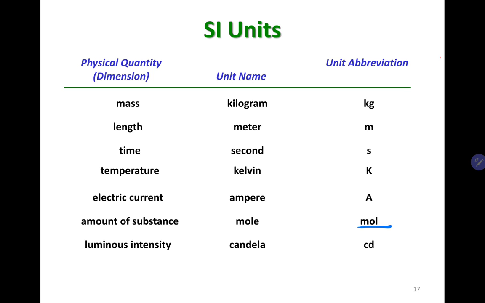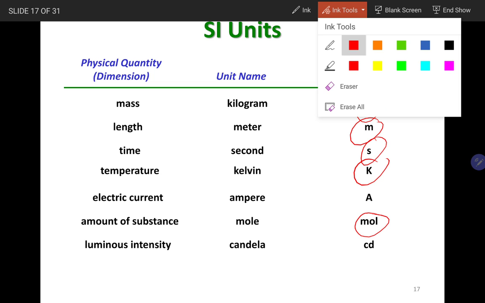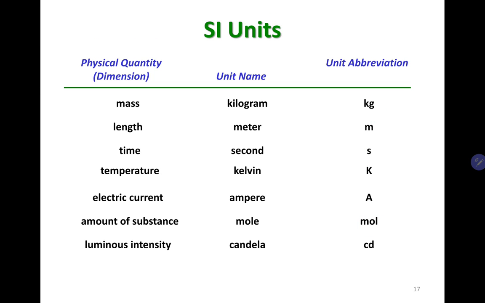I would recommend that you at least remember the unit abbreviations for mass, length, time, temperature, and amount of substance. These five unit abbreviations will be very important when doing chemistry-based calculations.